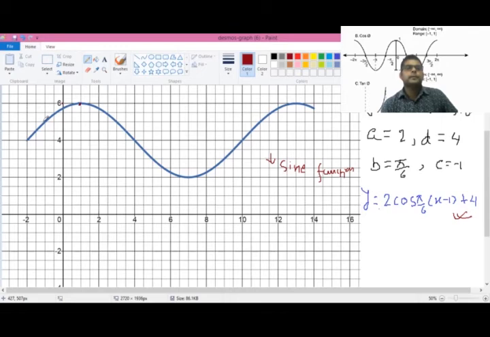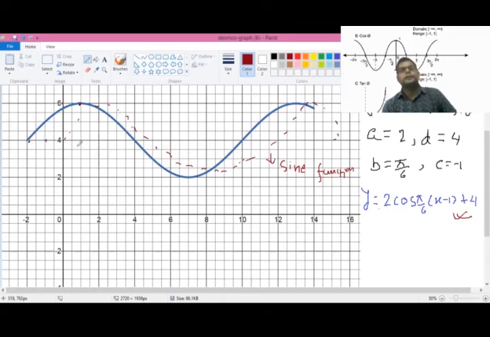So if you suppose this as the sine function, you can see here, this is one step and this is another step, so the graph looks as if it was like this before, and it has now been shifted 1 and 2 units left.